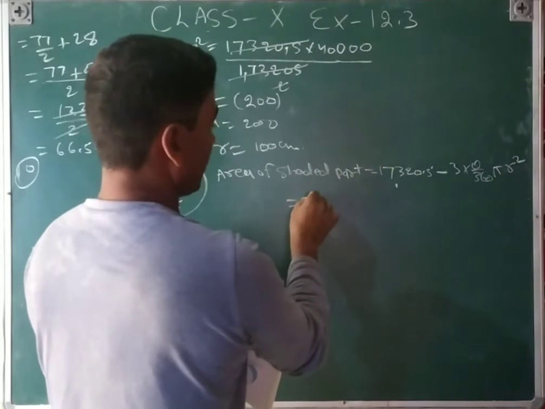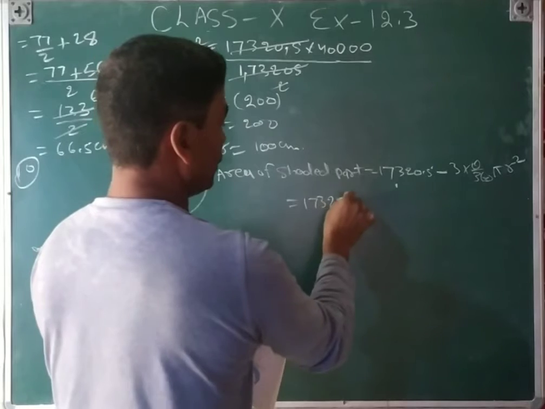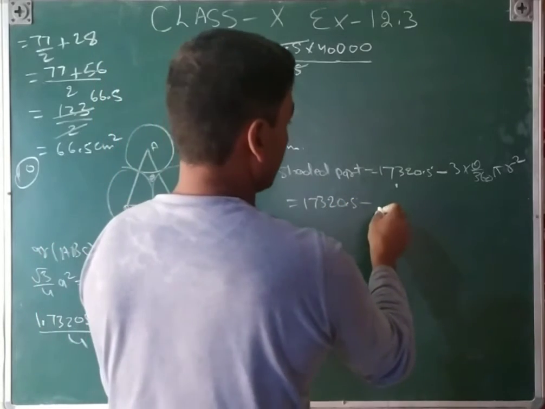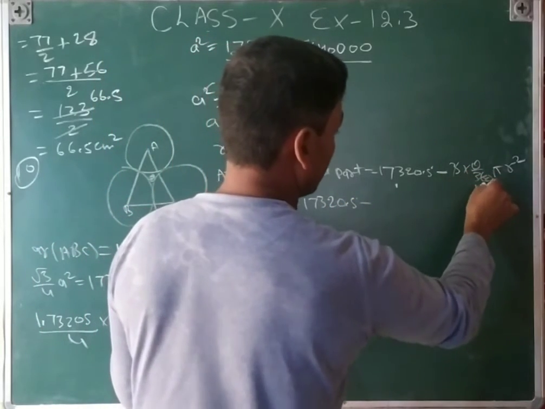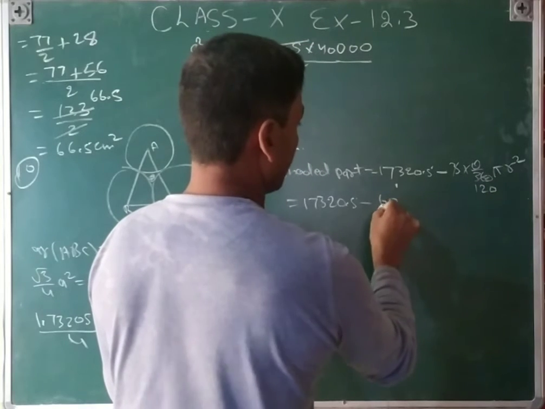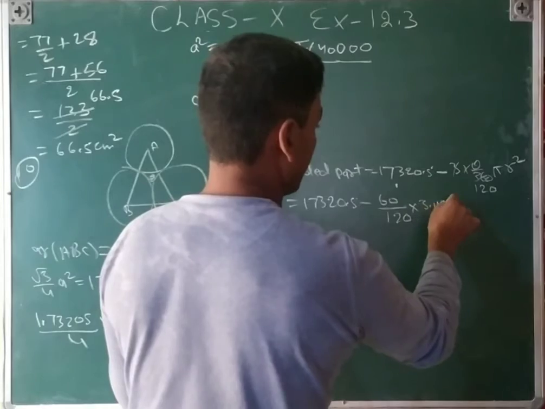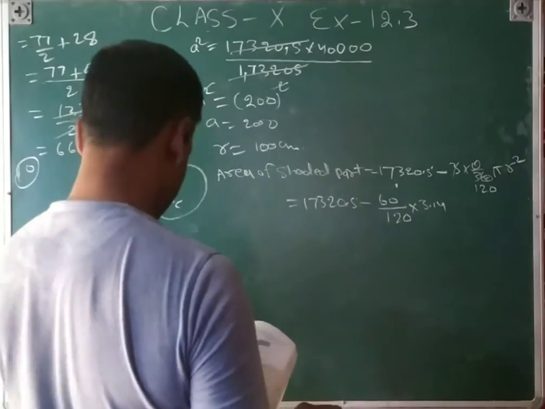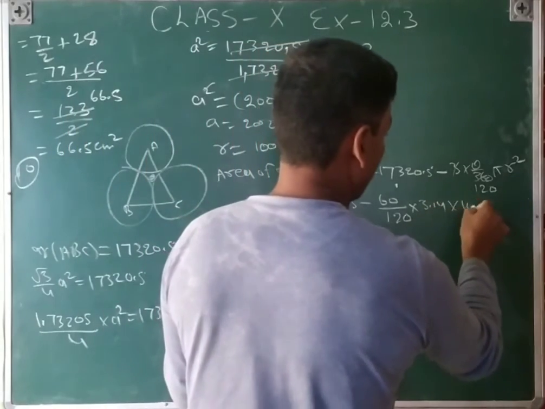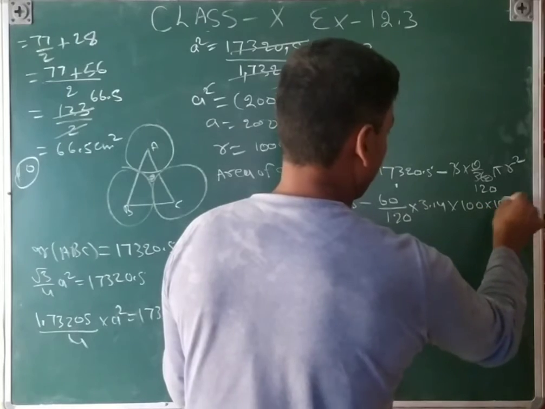So 1732.05 minus 3 into 60 degree upon 360 into 3.14, the pi value is given here, into 10 into 10.